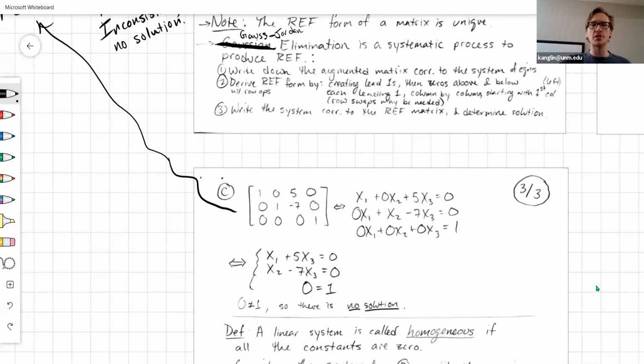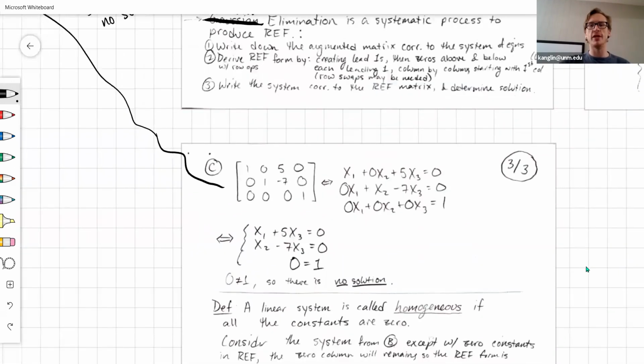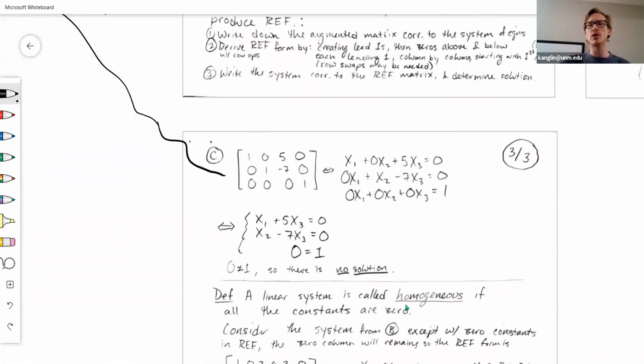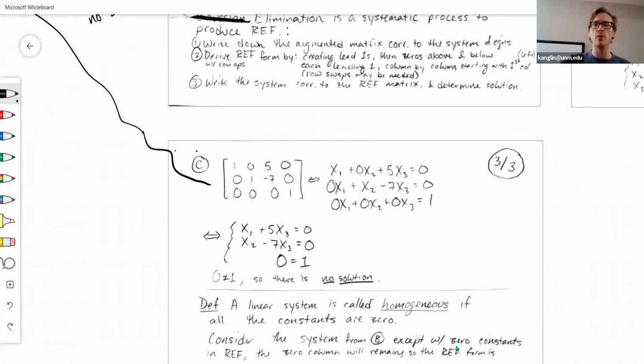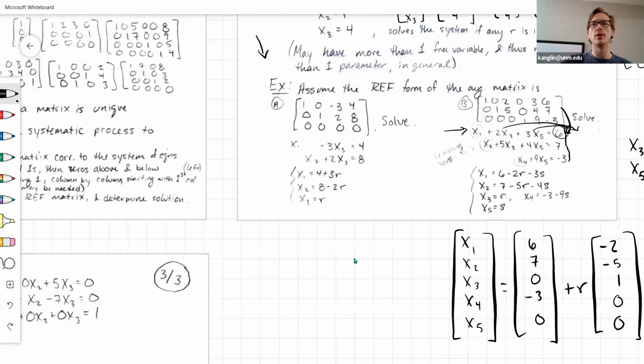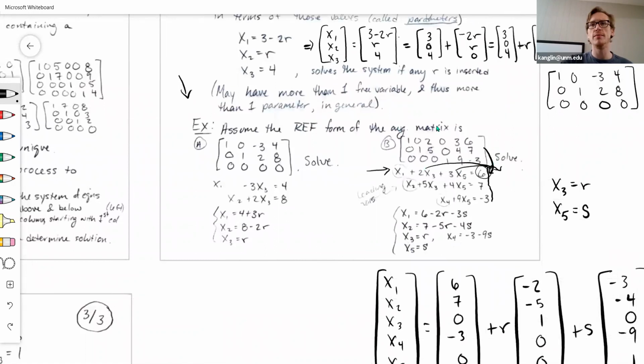So let's wrap up this section very quickly with a quick definition. A linear system is called homogeneous if all the constants on the right-hand sides of the equations are 0. So let's consider the system from part B, except with 0 constants in the REF form. So here's our system from part B, except let's put zeros in for the constant column.